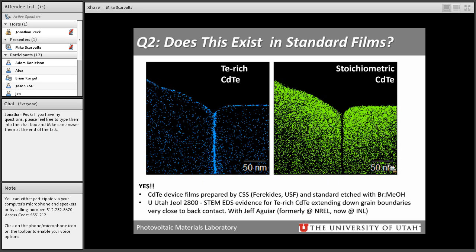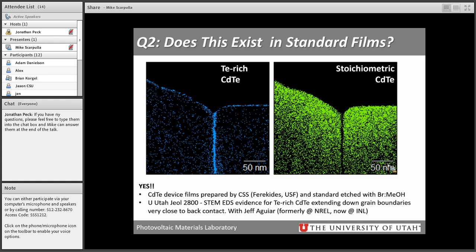And the evidence is right there in front of you. This is a sample that was prepared according to Chris Ferekides' standard recipe. So it was CSS deposited and then etched at his sort of optimal etching time with bromine methanol.